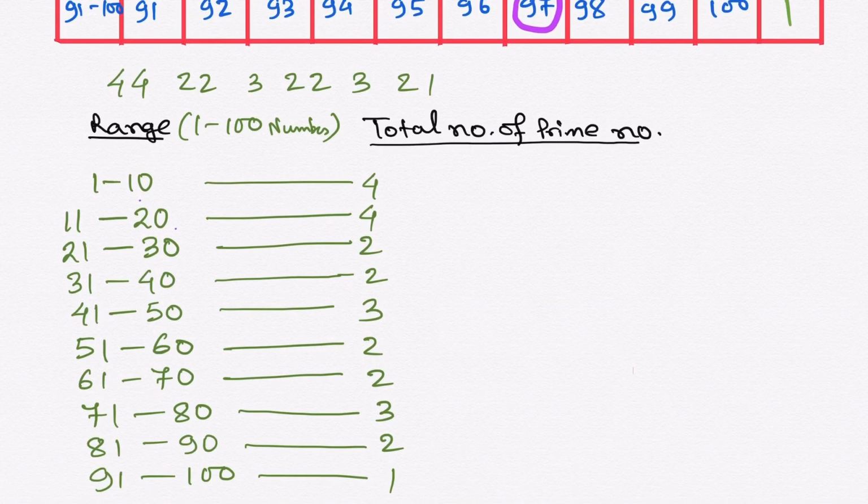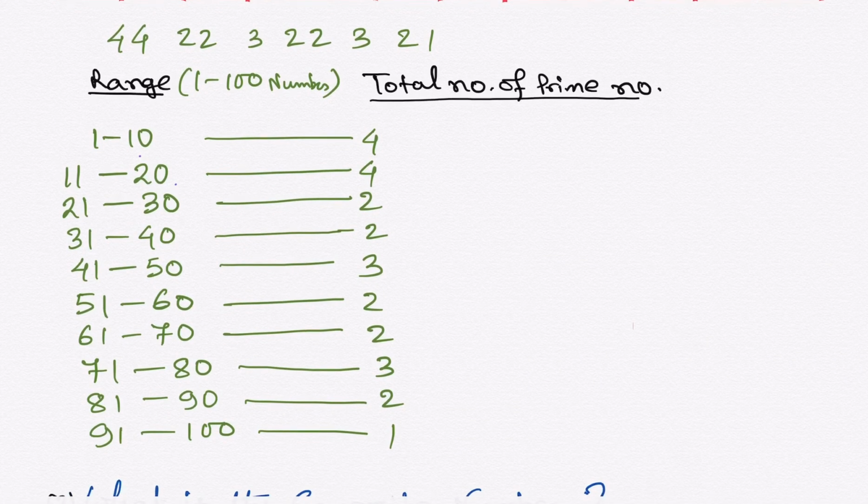Now let's see how many prime numbers are present in the range 1 to 100. In the range 1 to 10, the number of prime numbers is 4. In 11 to 20, the prime numbers are 4. In 21 to 30, there are 2. In 31 to 40 and 41 to 50, the prime numbers are 3.